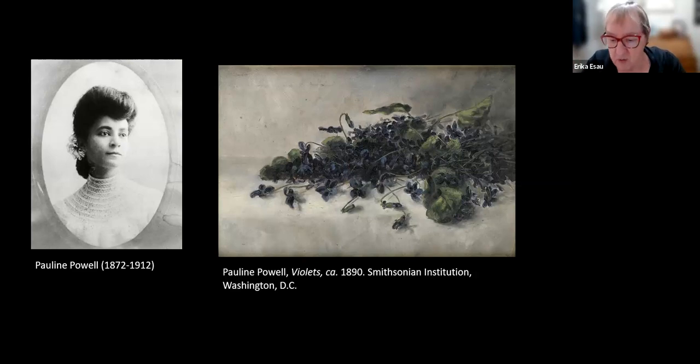And I give an example here of Pauline Powell, an African-American daughter of a Pullman porter born in Oakland. She was a descendant of Thomas Jefferson's famous slave family, the Hemmings.